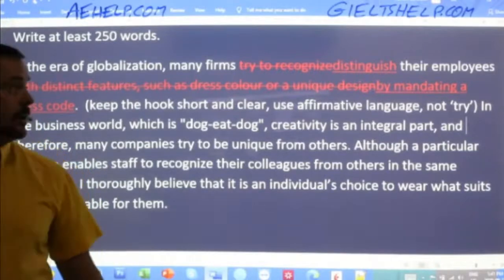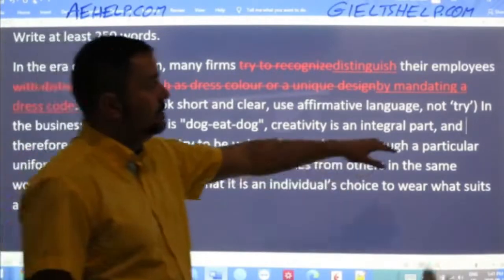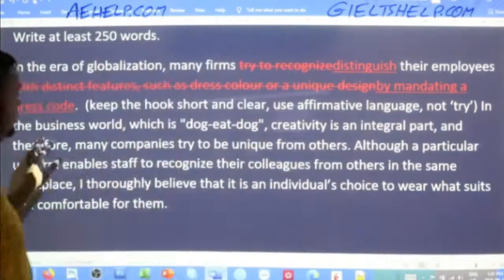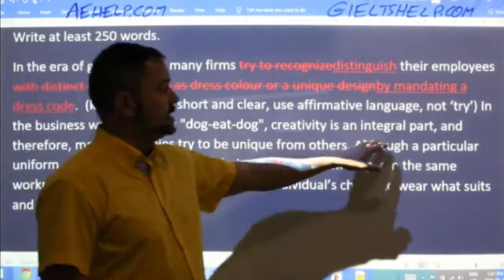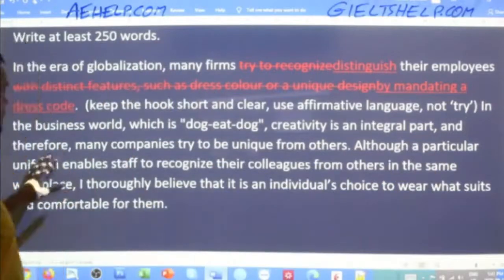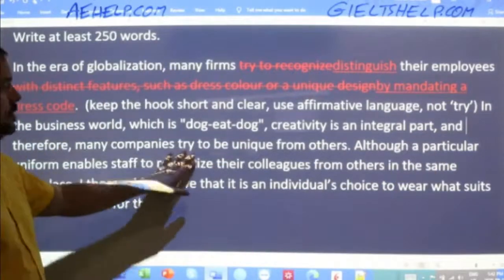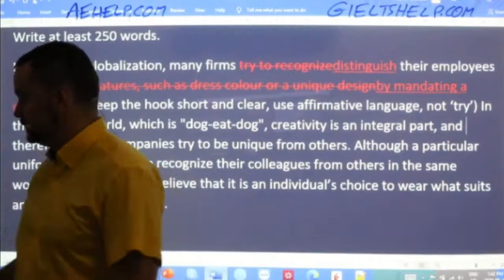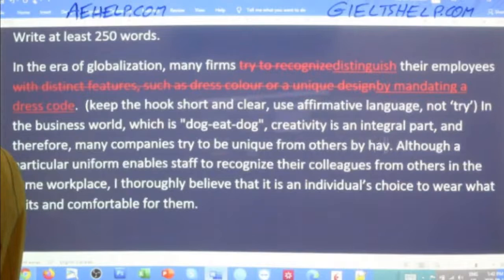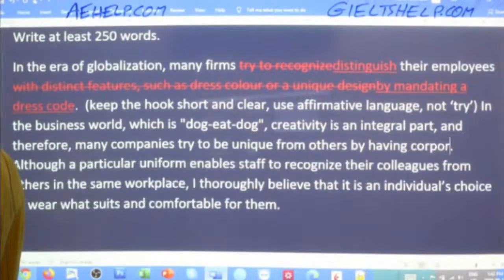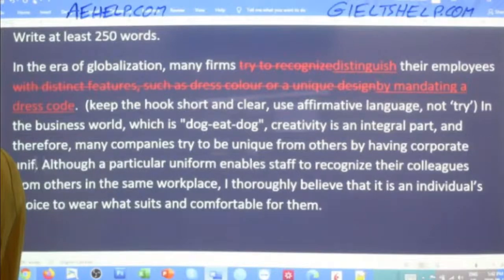So here, let's look at the next sentence. In the business world, which is dog eat dog, creativity is an integral part, and therefore many companies try to be unique from others by having corporate uniforms.